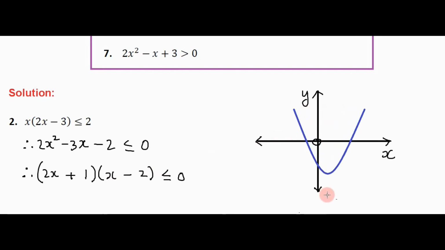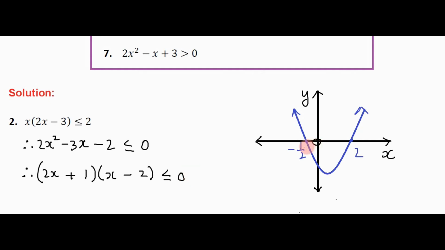So just drawing the parabola. So it's negative a half and positive 2. In this case, we want the parabola to be less than or equal to 0. In other words, either 0 or negative or below the x-axis.